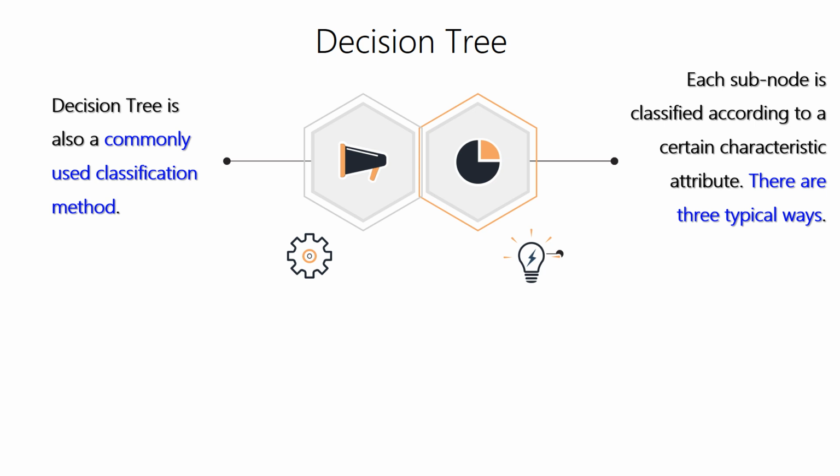Moving on to the second commonly used supervised learning, called decision tree. Decision tree is also a commonly used classification method. Because it's a tree, they will have nodes.